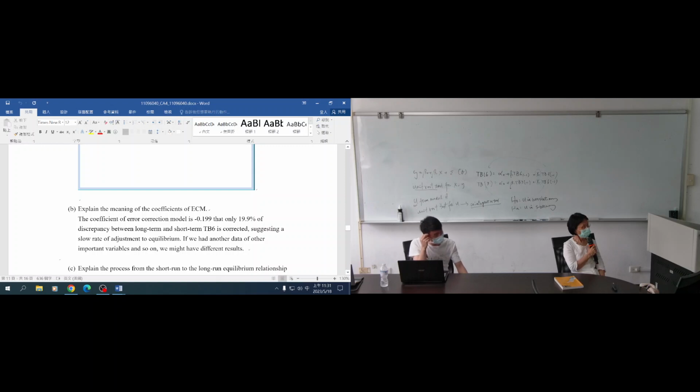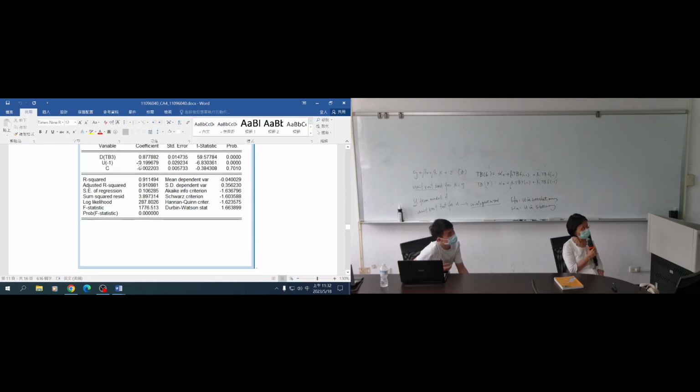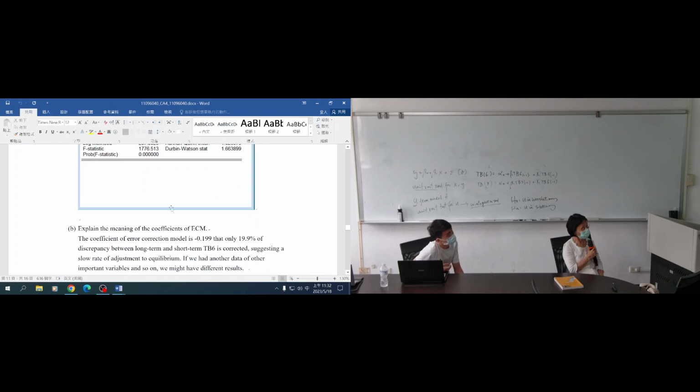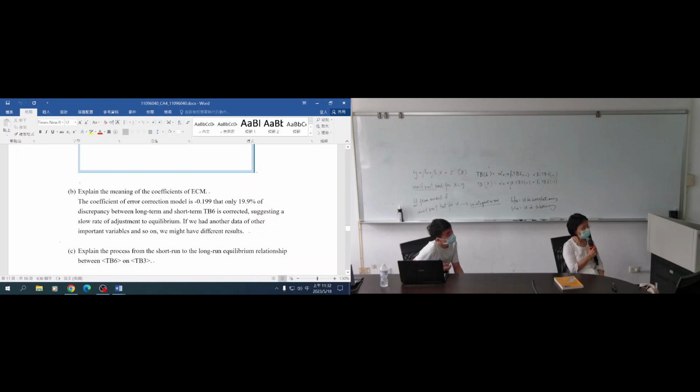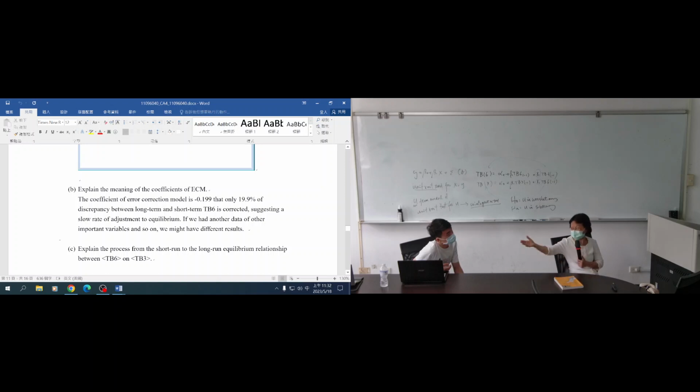And the meaning of the coefficient of the error correction model is negative 0.19, almost 20%. Only 19.9% of the discrepancy between long-term and short-term TB6 is corrected, suggesting a slow rate of adjustment to equilibrium. Is this low or quick?